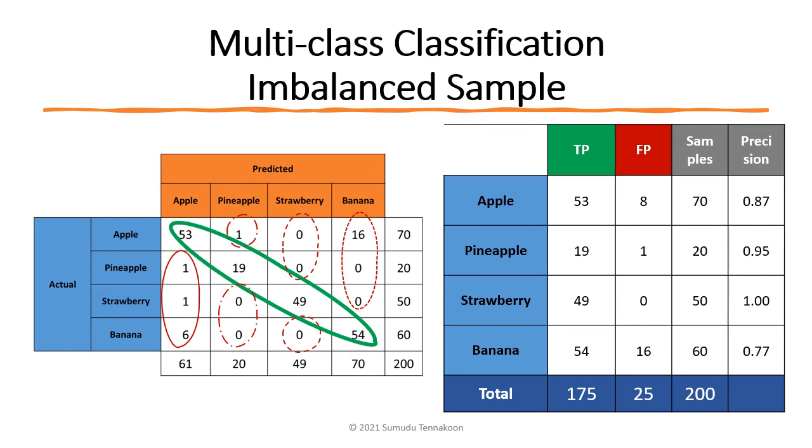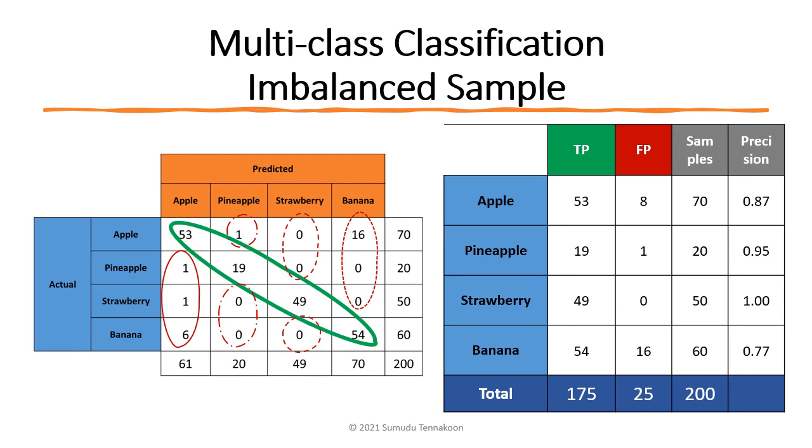We have altogether 70 apples in the sample. 53 of them are correctly identified as apple by our classifier, and 8 of the fruits in our sample are non-apples identified as apples, as false positives.